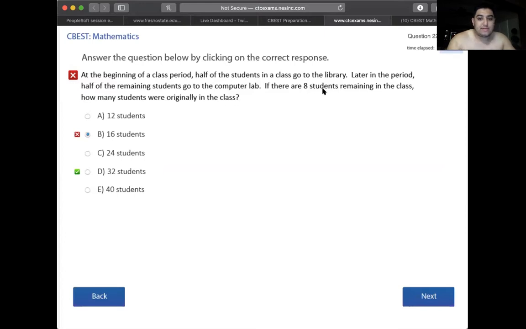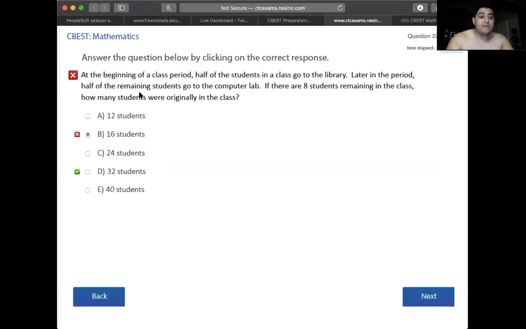You have 8 students remaining in the class after half of the class goes to the library, and the other half goes to the computer lab after they left. But now there's 8 students remaining in the class, which is weird.